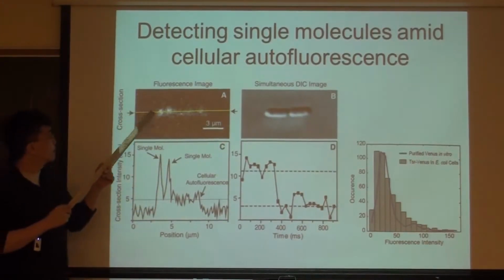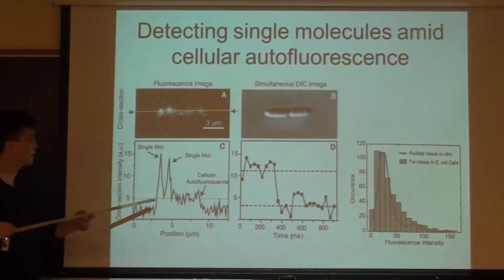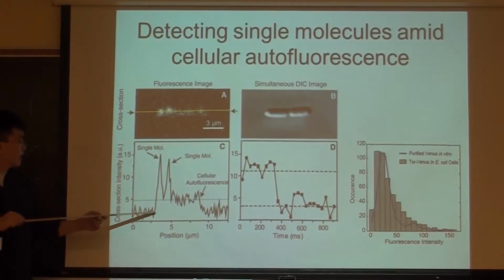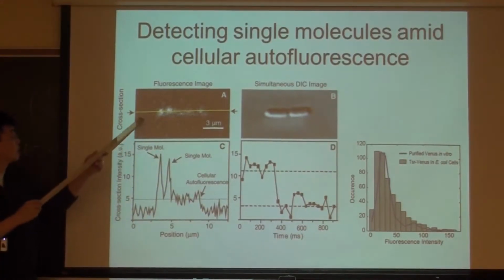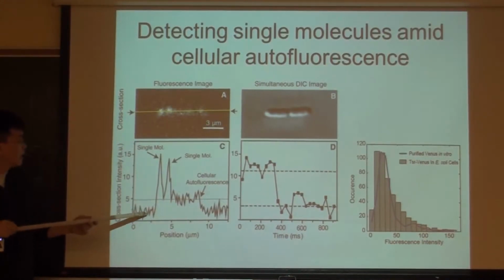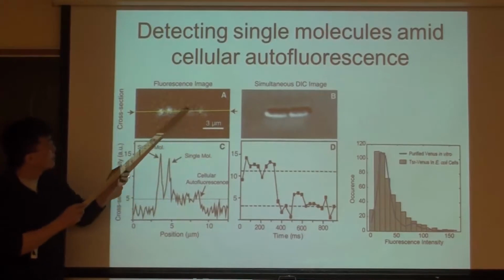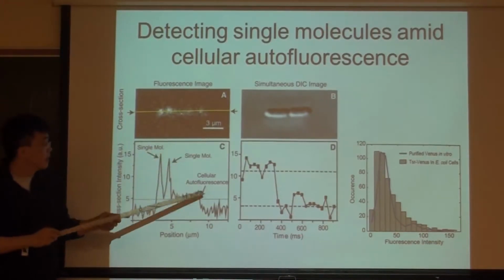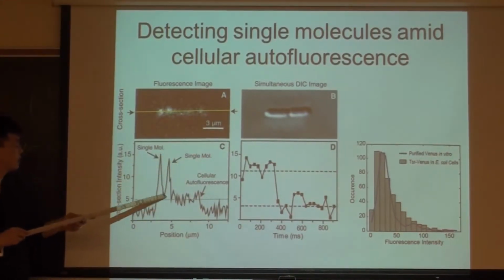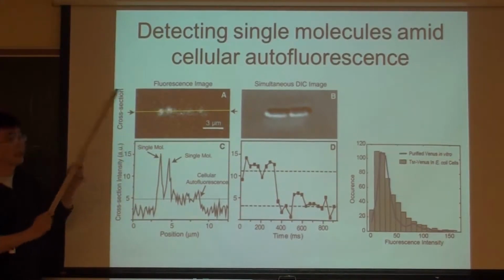If you take a cross section along the cell body, then you see that this is the signal level from the microscope slide, and this is the level of background fluorescence from the cell itself, and then you have these two peaks coming from two single proteins bound to the membrane.